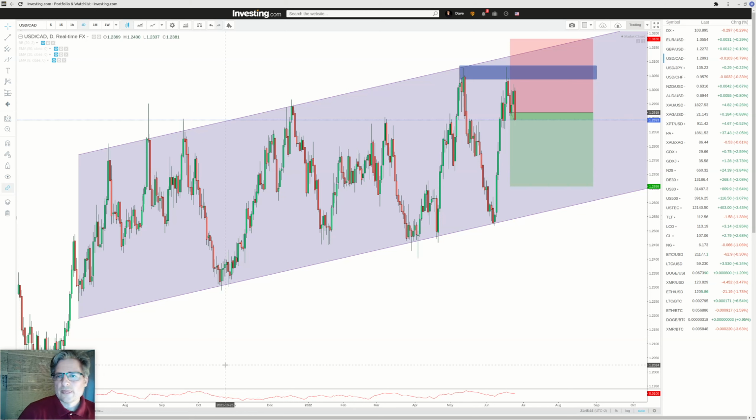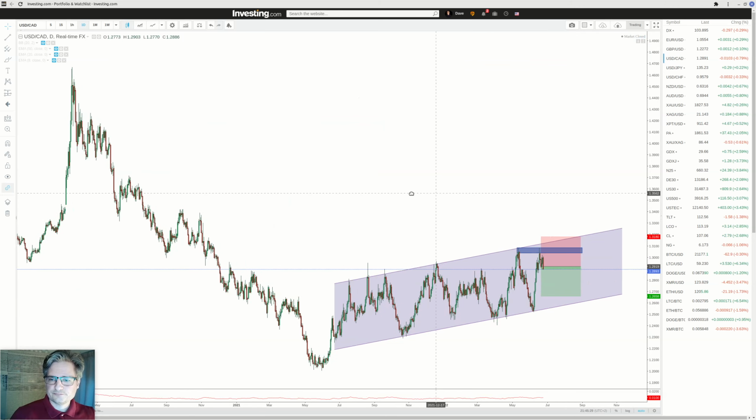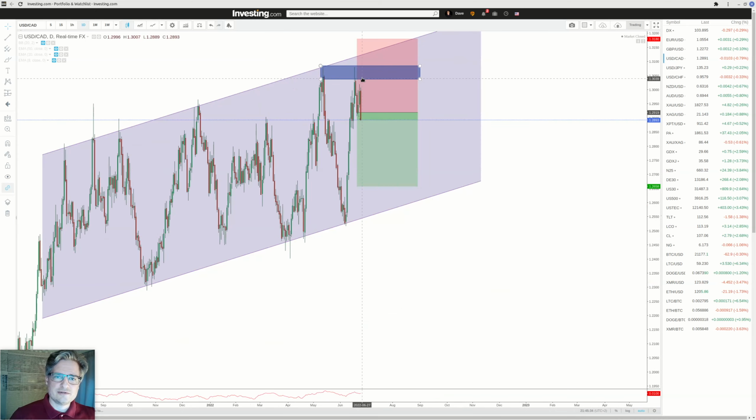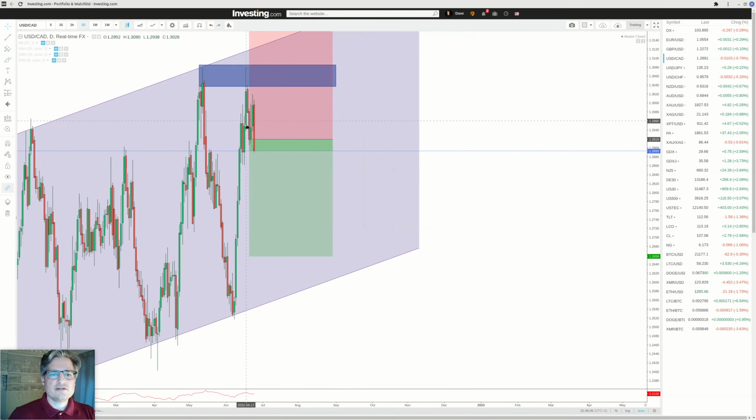So there we go. This is the USD CAD. In my previous video last week, I already said that I would be looking for shorts in this region up here, as we have this channel, and we did not quite reach the top of the channel, but we did have a resistance zone right here, or a supply zone, and then we had some bullish momentum here with these two red candles, so I decided to get in.